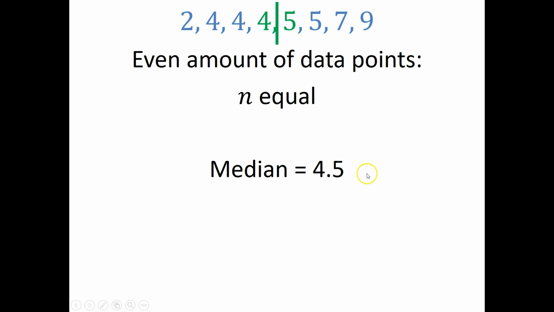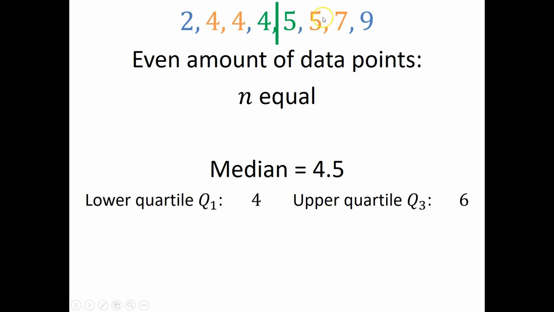Now the thing is, when I want to find the lower quartile and the upper quartile, a lot of students think, well, this 4 has already been used, but think of this line as the median. So these 4 values here, including this, are going to make up the lower part of the data set. And this 5 is going to be included in the upper part of the data set. So in this case, I'm going to hit 4 and 4 and 5 and 7 when I want to hit the lower and upper quartiles.